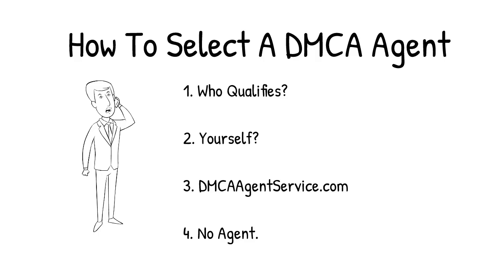And there are a lot of reasons, but there are three, let's say, key issues that you need to take into consideration. First, remember when you list the agent information, address, phone number, email are going to be there. So at a minimum, you're going to have bots that come out and copy all that information, either out of the Copyright Office database or off of your site or app.